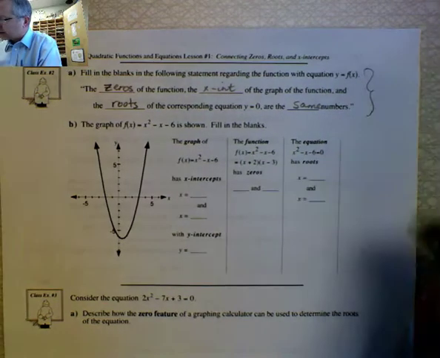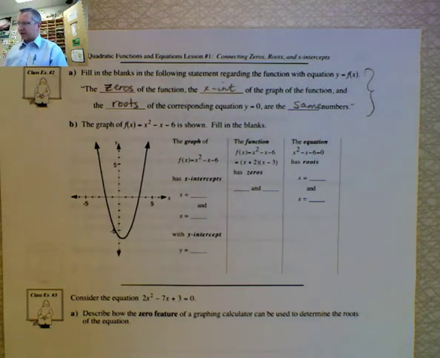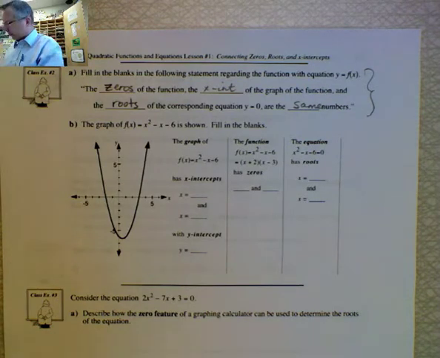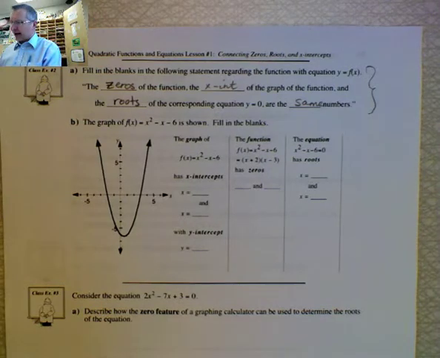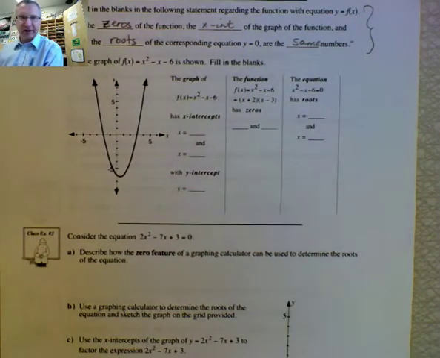So this is just a summary of what we were talking about in terms of roots, x-intercepts, and zeros, and how they're all the same thing. We're going to use a graph to also help illustrate that.